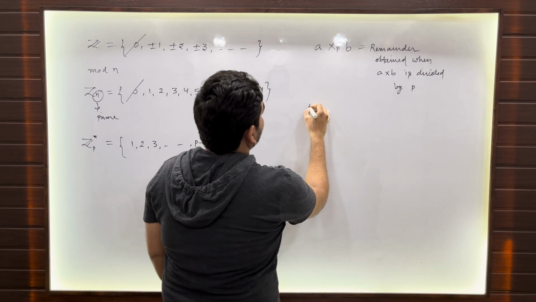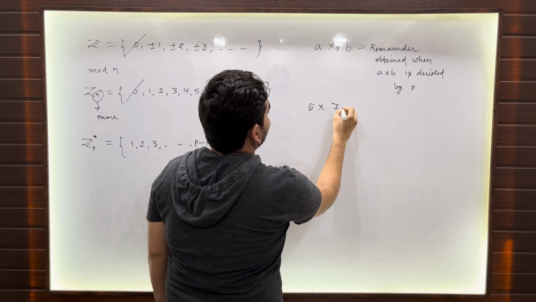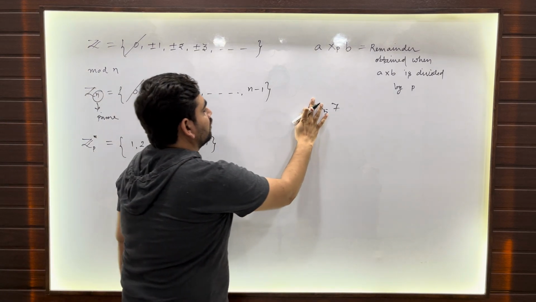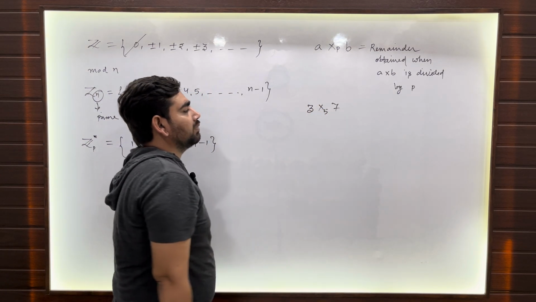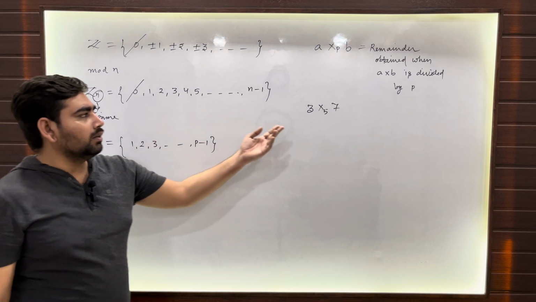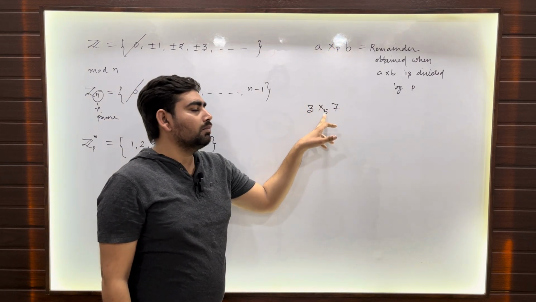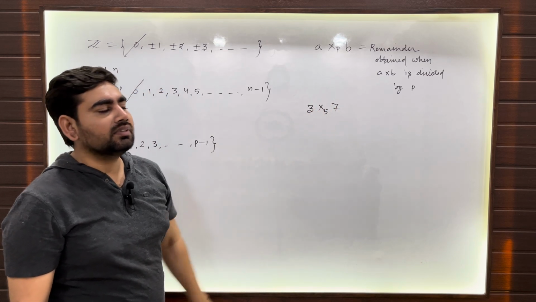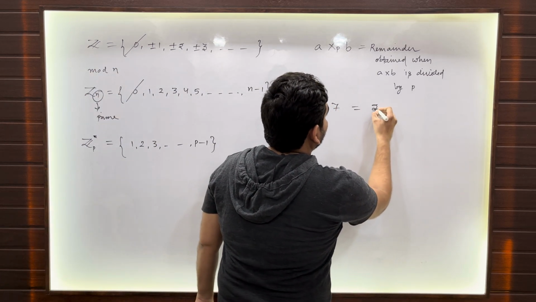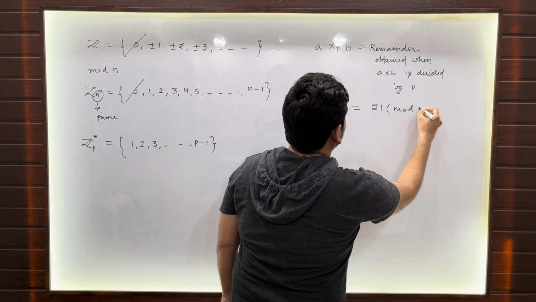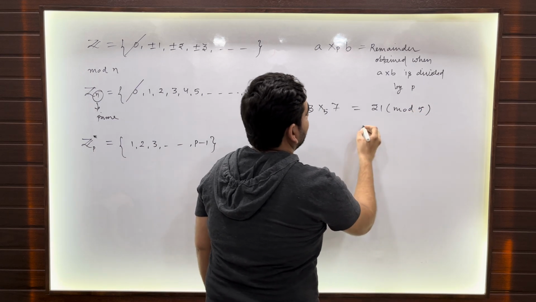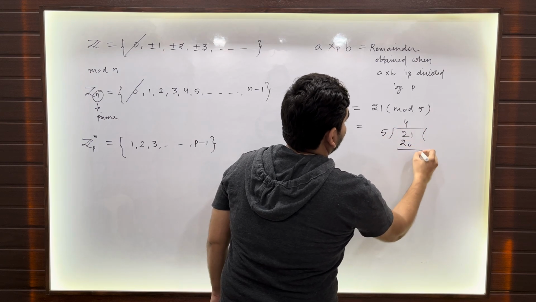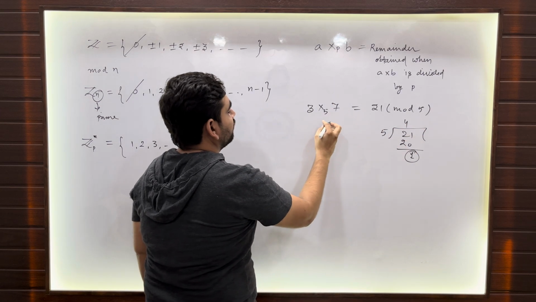Suppose we are multiplying 3 and 7 under the modulo p system, where p must be prime, so we have taken p as 5. If we are multiplying 3 and 7 under multiplication modulo 5, then we have 21 reduced under mod 5. It means we must divide 21 by 5, and we get 1 as the remainder, therefore the answer will be 1.